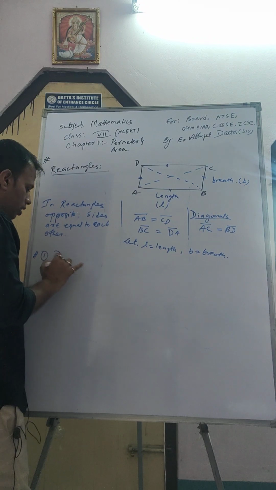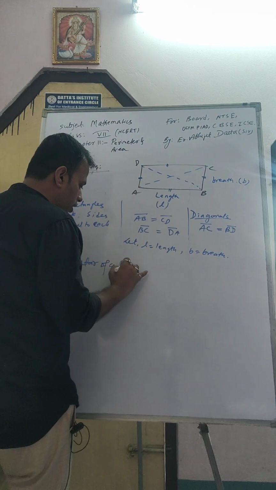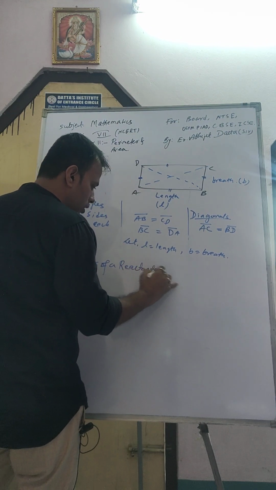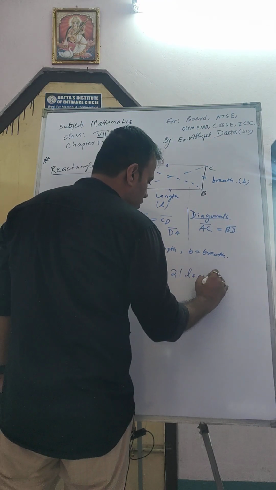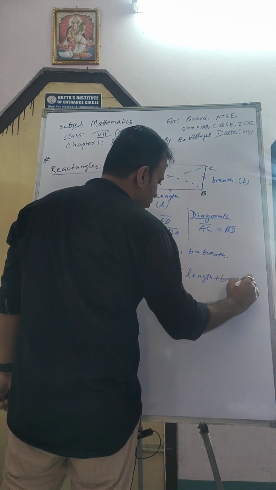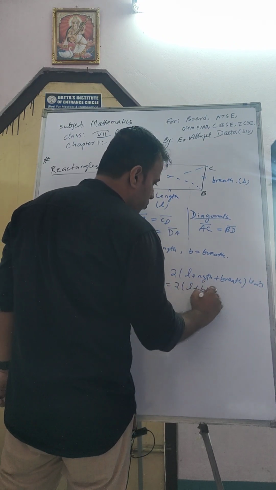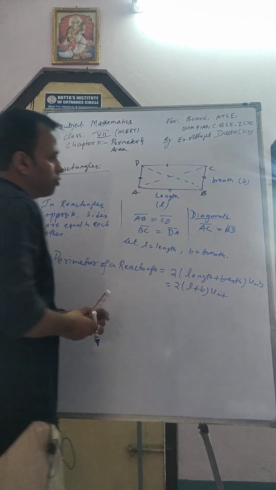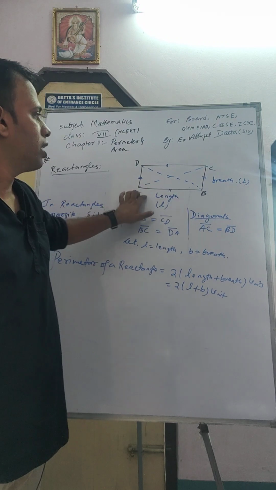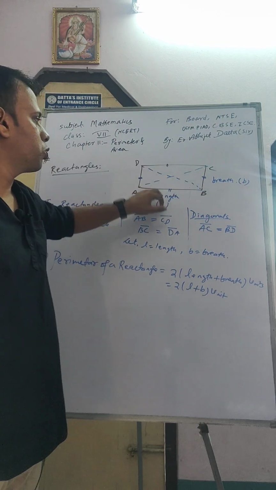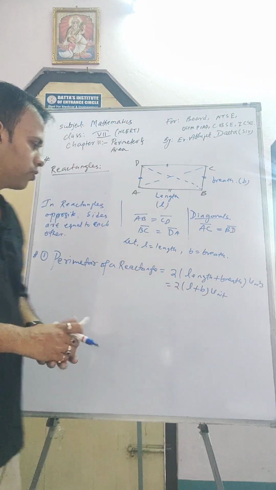The formula is: perimeter of a rectangle equal to 2 into (L plus B) units. Why? Because perimeter means boundary of all the sides. This one is L, this one is B, so L plus B, again L plus B, so twice L plus twice B. If you take twice as common, it will be 2 into (L plus B) units, the formula.